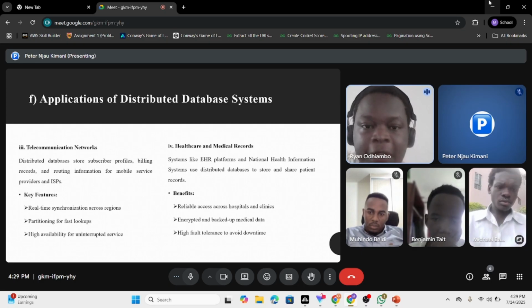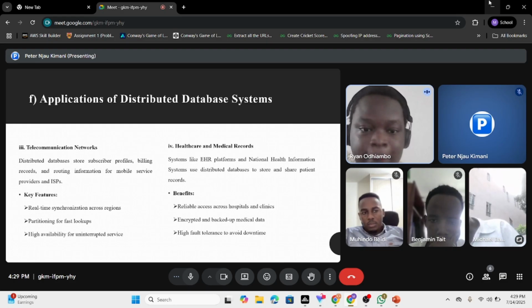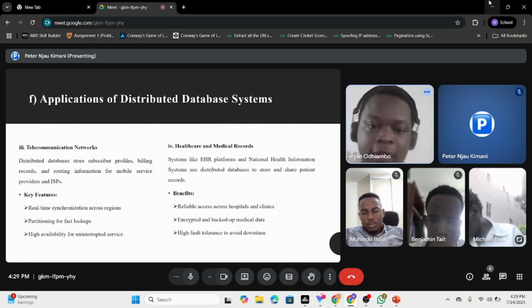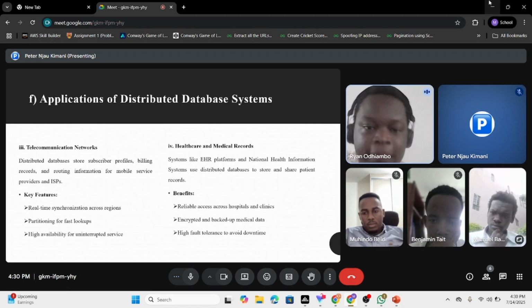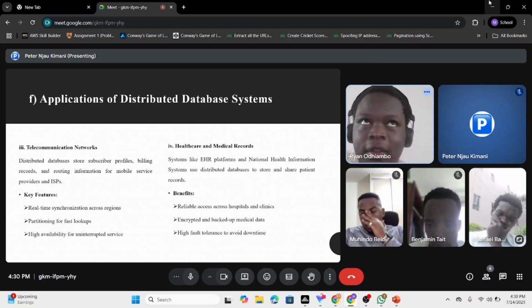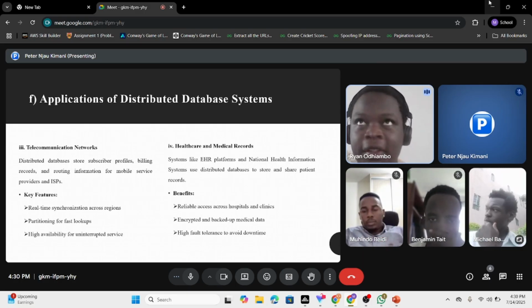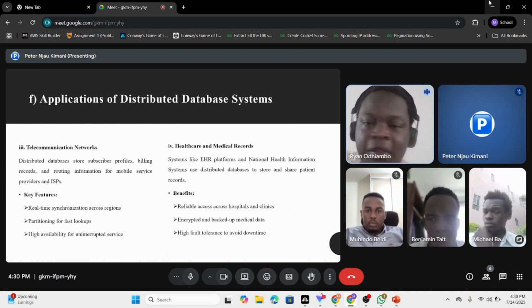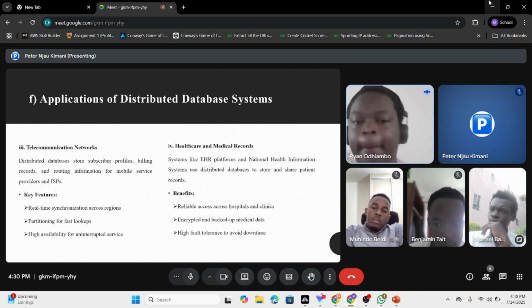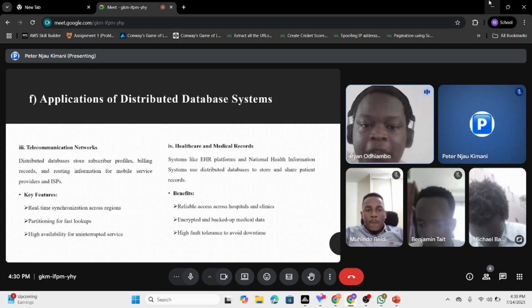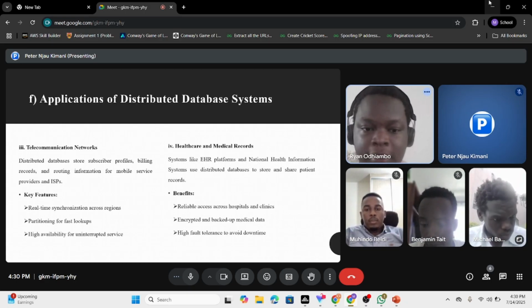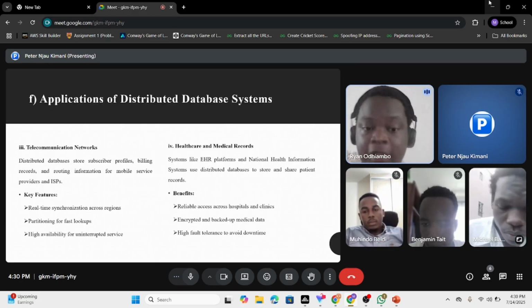Some benefits of this: there's reliable access across hospitals and clinics, in which they are able to access the data of the patients that are stored across all those different hospitals and clinics.